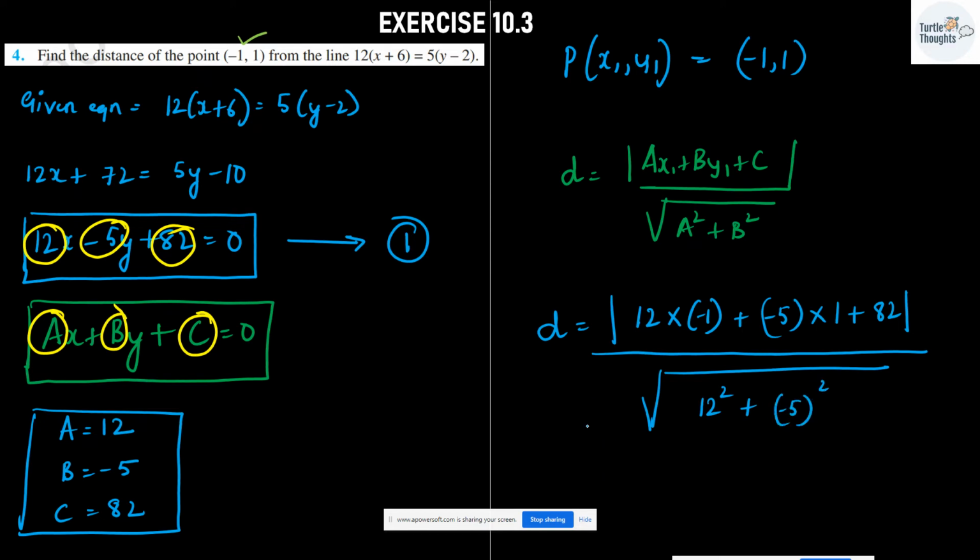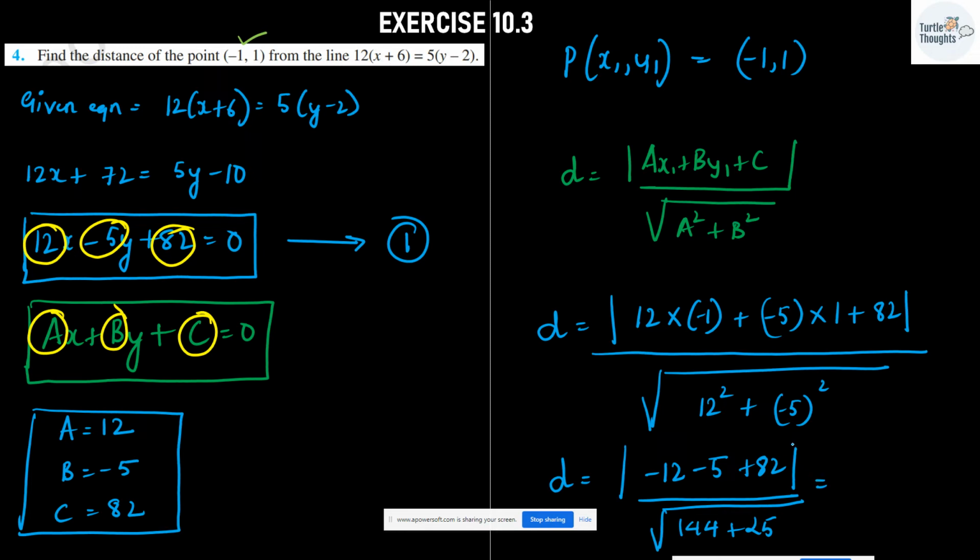I should be solving the same thing, so I will be getting minus 12 minus 5 plus 82, modulus, over the root of 12 square is 144 plus 5 square is 25.